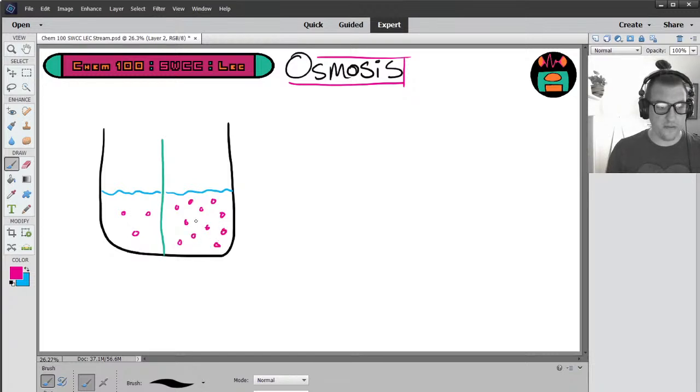The solution on the right has a very high concentration, and the solution on the left has, as you can see, a much lower concentration of solute particles.